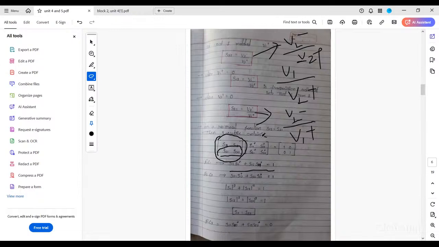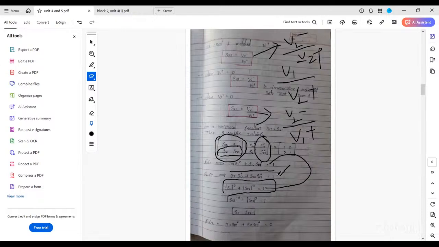Here column 2 is S1 star, S2 star. These are multiplied and we got this equation. From R1 C1, I am writing S11 modulus square plus S12 square is equal to 1. Up to here, S11 square plus S12 square equal to 1.